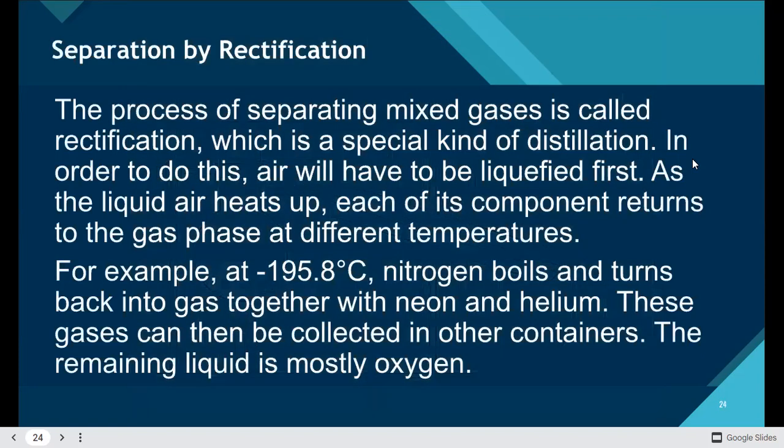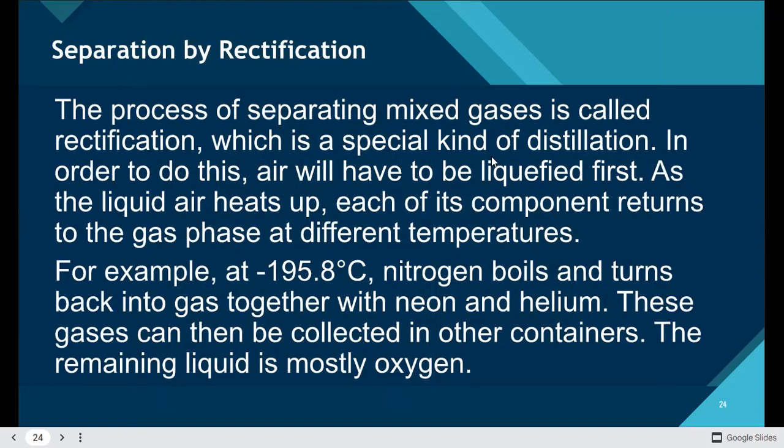Separation by rectification. How can we do this? The process of separating mixed gases is called rectification, which is a special kind of distillation. It looks like a distillation.